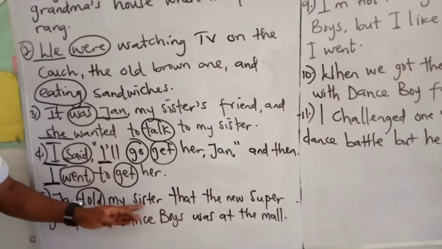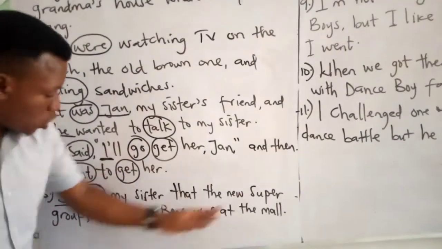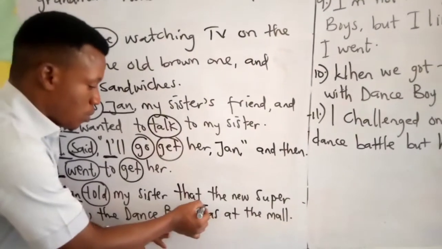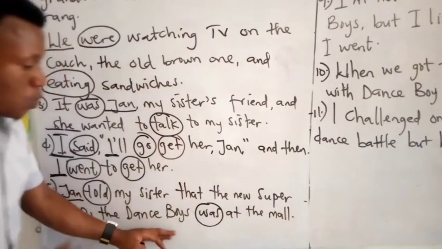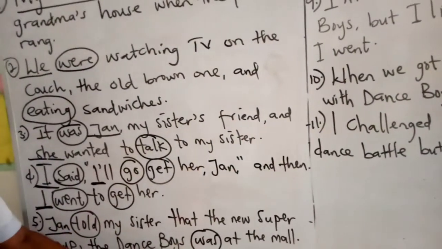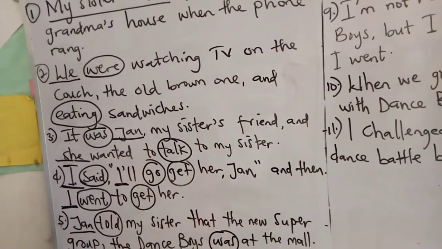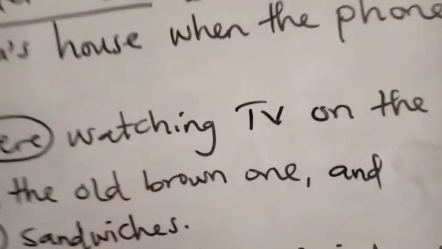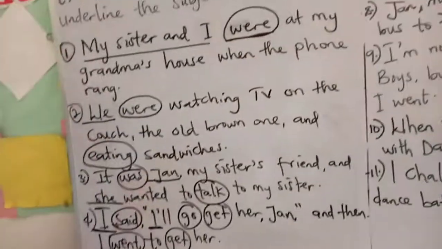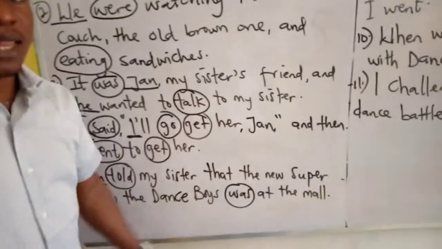Jan told my sister that the new super group, the Dance Boys, was at the mall. So the group is Dance Boys. We call them Dance Boys. The group name, Dance Boys, was at the mall.